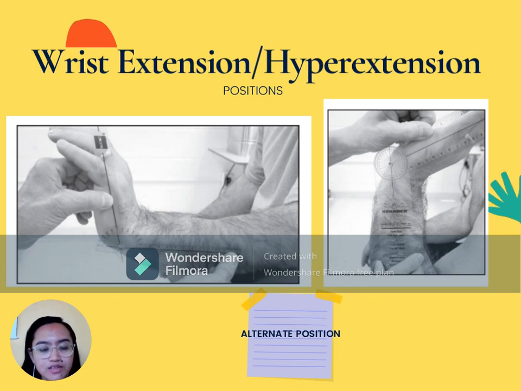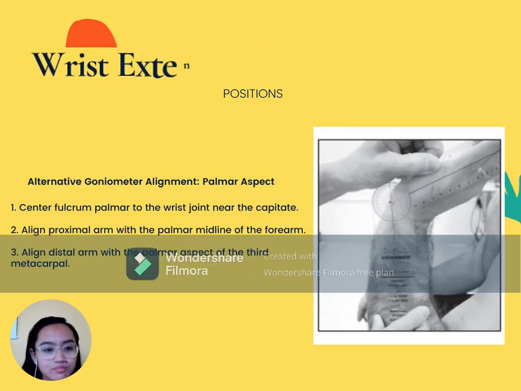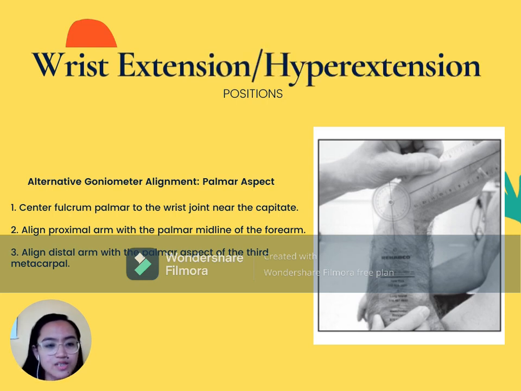So, as I've mentioned again, there are two positions. The first picture here on the left side shows how we usually do the test, and the second again is the alternative position. For the wrist extension, the alternative goniometer alignment is on the palmar aspect.